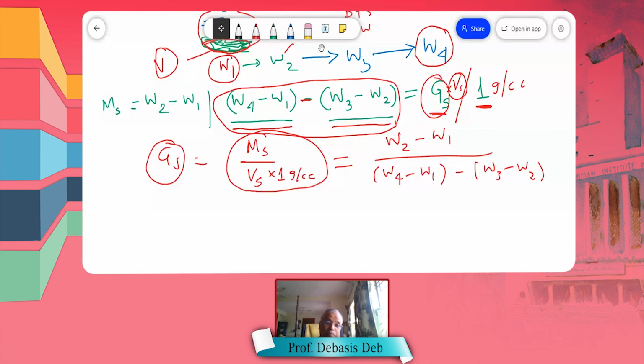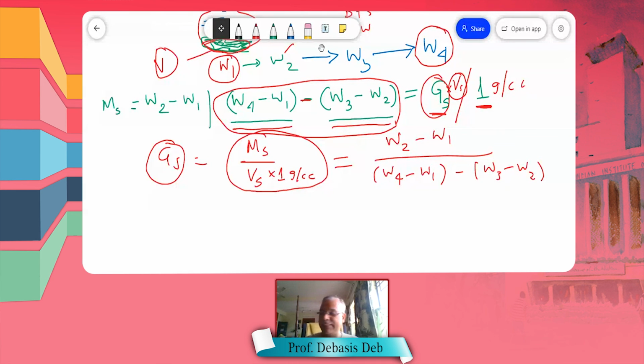So by doing this, we are considering that the total void volume I will now be able to capture. So what will be the porosity now?